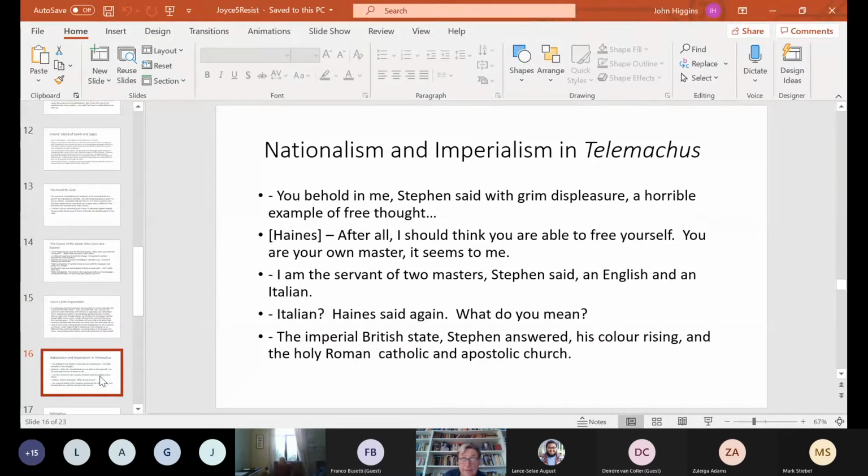Now, I've mentioned all that really as some background and something to add to your reading of Ulysses. And I want to turn now to just a couple of moments in a couple of episodes from the novel where these questions of Irish nationalism and colonialism really come into focus, and which I think will be much more legible to you after hearing the first part of the talk today.